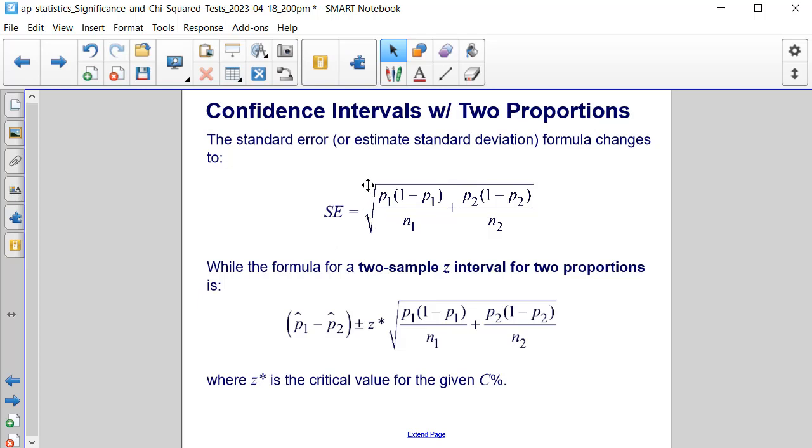The standard error becomes the square root of P1 times the quantity 1 minus P1 all divided by N1 plus P2 times 1 minus P2 all divided by N2, while the formula for a two-sample Z interval for two proportions is our sample proportion 1 minus our sample proportion 2 plus or minus Z star times the square root of P1 times 1 minus P1 all divided by N1 plus P2 times the quantity 1 minus P2 all divided by N2, where Z star is the critical value for the given confidence interval percentage.